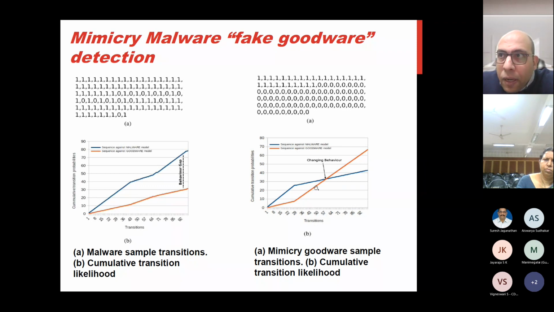We tested it over thousands of processes, and we found that for malware that acts as explicit malware, the gap between the models will be like that. And when there is goodware, there will also be a gap between the malware activity and goodware activity according to our models. But for a mimicry malware, we found that there are intersection points or changing behaviors at a lot of points during its execution.